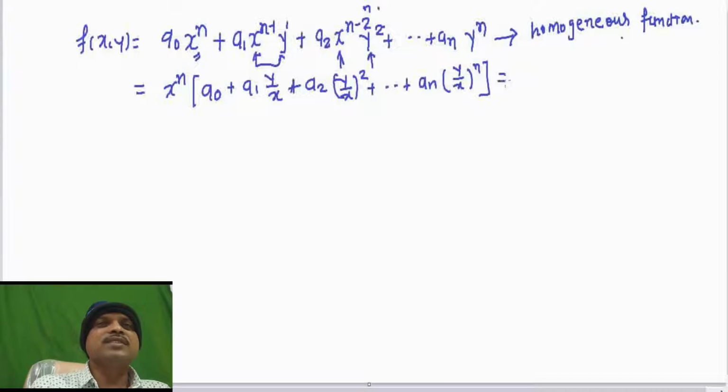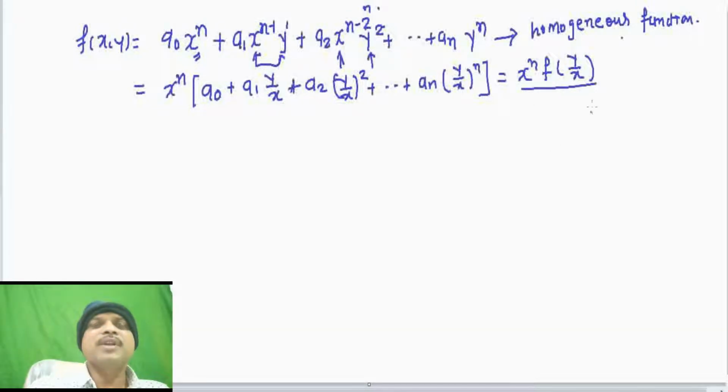That means we can write this in another form as x raised to n f of y divided by x. This is another representation of a function of degree n.